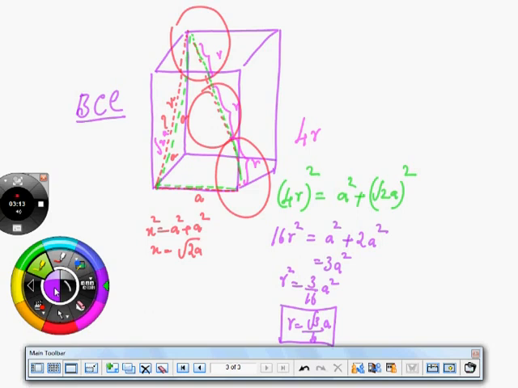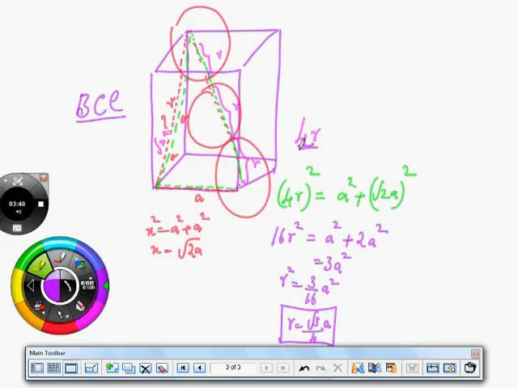So I am taking one sphere at this corner, one sphere at this corner, and one in the center of the cube. Now if you connect the centers of all these spheres, that makes a diagonal. Which diagonal? Body diagonal of the cube. Now that body diagonal is equal to 4r because this is 1 radius, this 2 radius and this 1 radius. That makes 4r. That is the distance of the body diagonal.